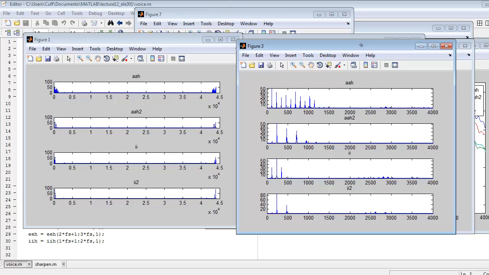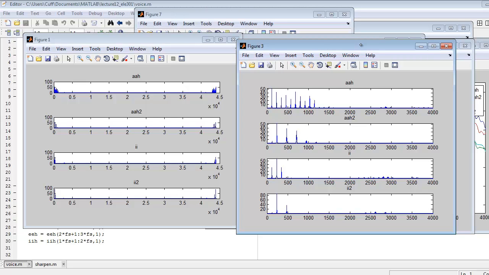There's a way of modeling the voice as your vocal cords being the source of the voice, and then the sound passes through your throat and your mouth, which is an LTI system. The vocal cords pretty much are just creating a very sharp periodic pattern, creating a bunch of these evenly spaced frequencies.